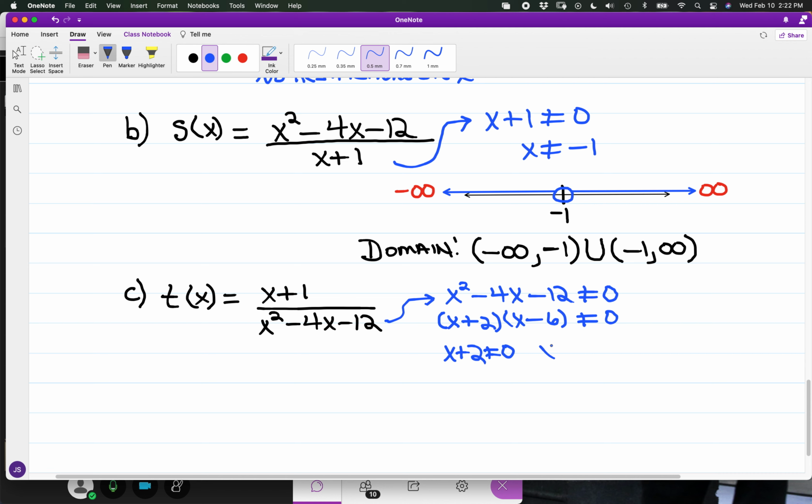Again, neither x plus 2 nor x minus 6 can be 0. If x plus 2 cannot be 0, then x cannot be equal to negative 2. And if x minus 6 cannot be 0, then x cannot be equal to 6.